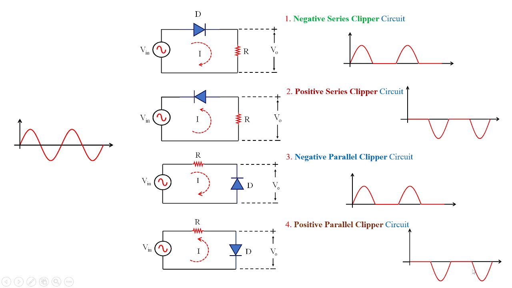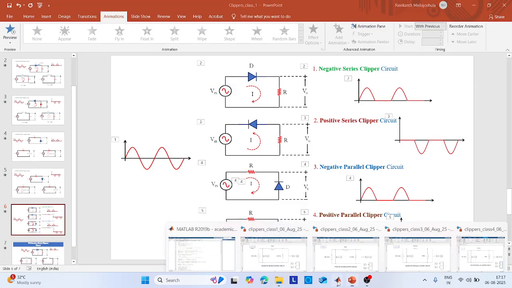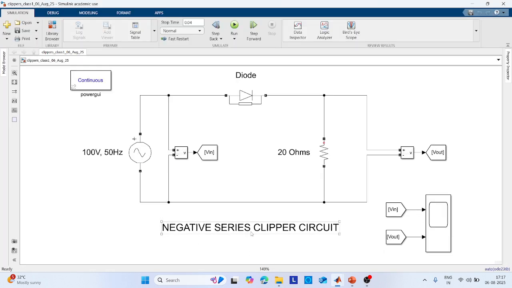We can have a demonstration in MATLAB. I'm showing you only the negative series clipper circuit. You can see I have a diode over here. The input voltage is 100 volts at 50 hertz, and the output is across 20 ohms, which is treated as the output voltage. The From and Goto ports are taken outside and given to a scope, and the time duration I have taken is 0.04 seconds.